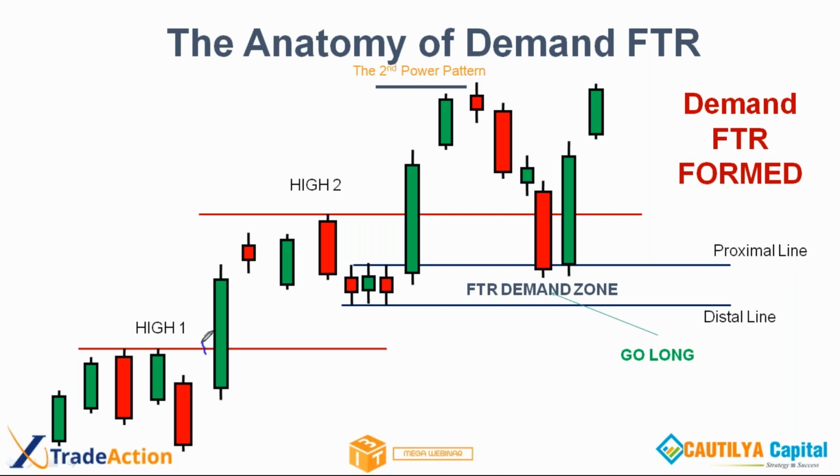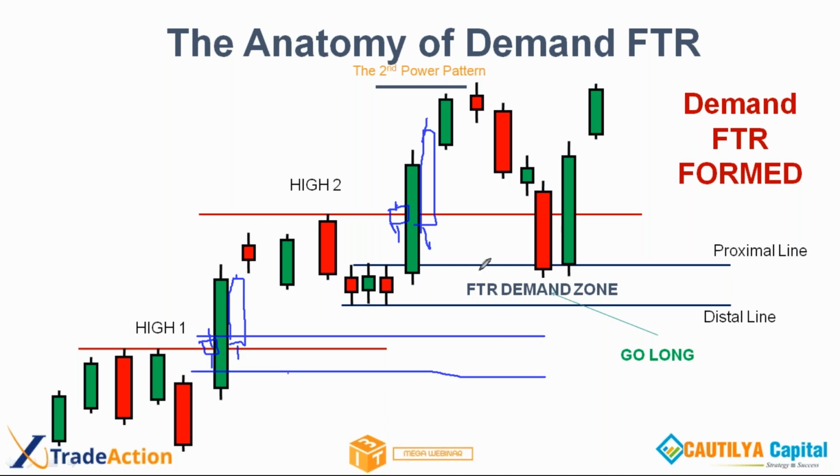So price comes here and breaks the high. And H2 is also a flag limit. Price comes here, forms a base and goes up. Now, don't you think this is one flag limit zone at H1?